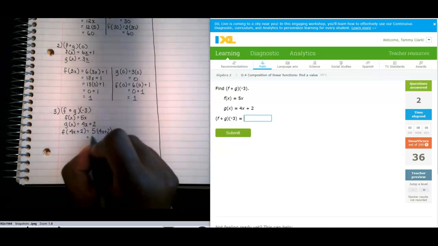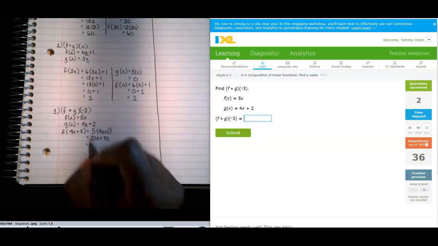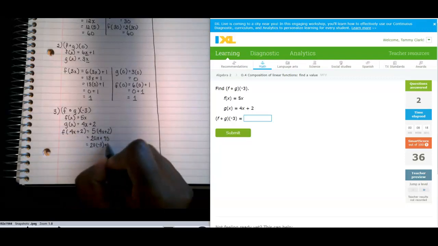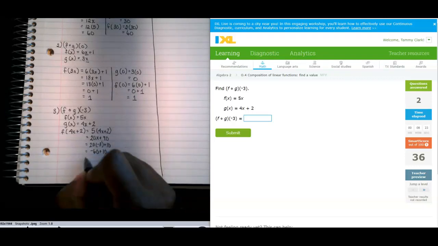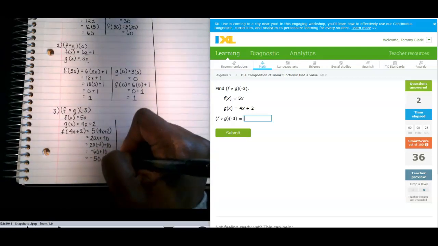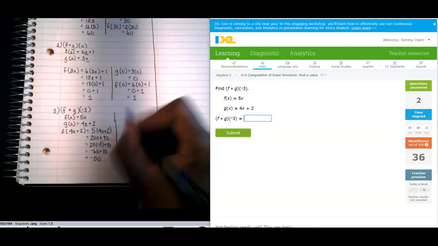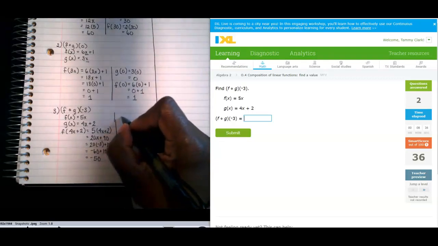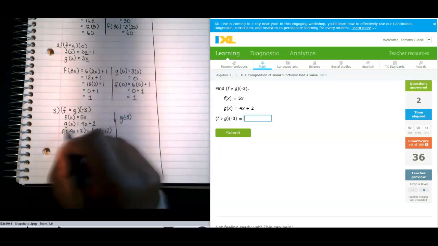And that gives me 20x plus 10. And I'm evaluating that for -3. So that gives me 20 times -3 plus 10. That's -60 plus 10, which would give me -50. And again, the other way to evaluate is to say, okay, I'm going to take g and put -3 in place of x.